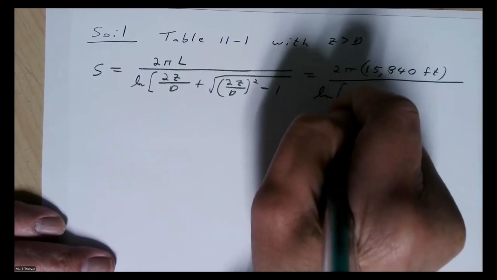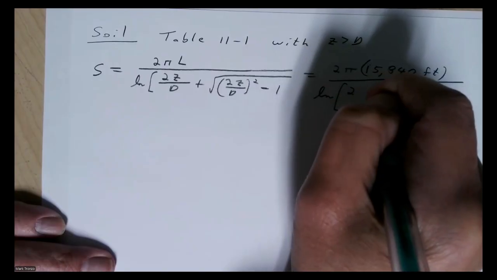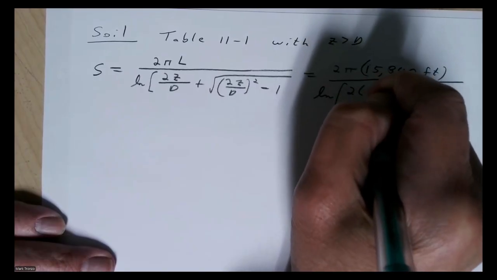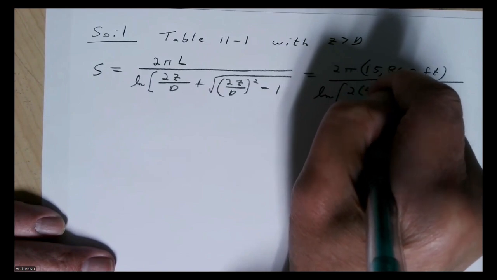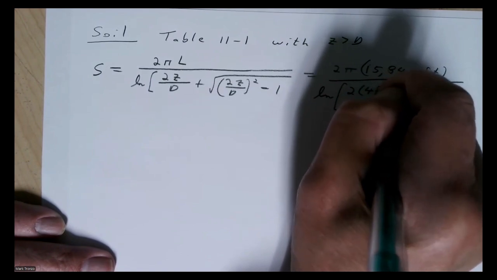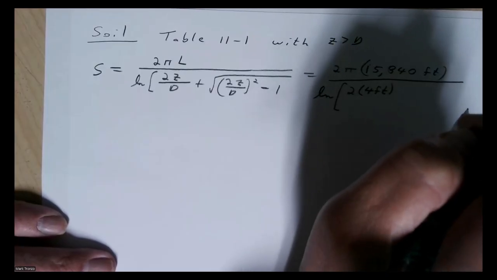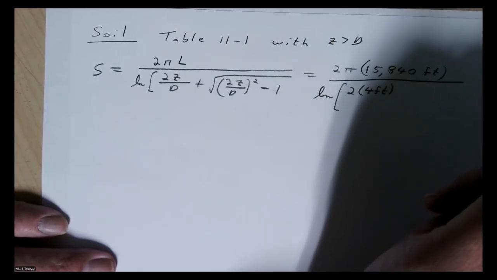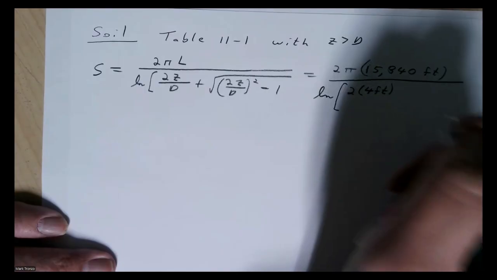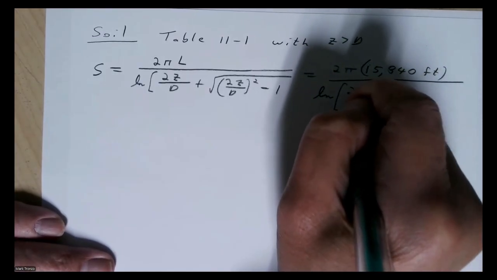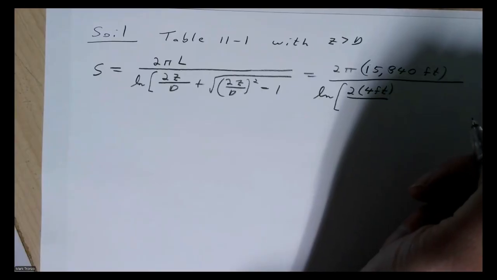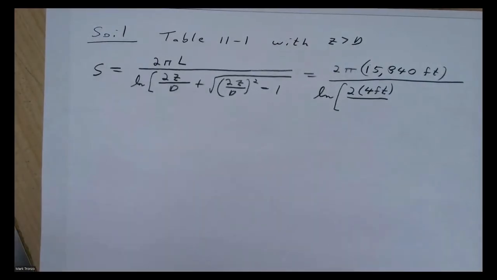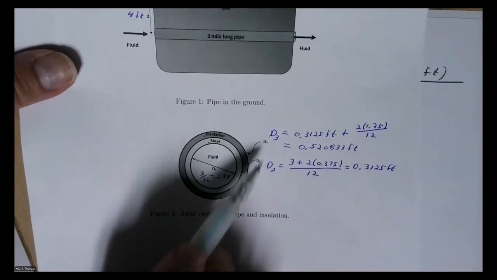Then the log. Once again, remember Z is the distance below the surface, in other words, the distance from the surface of the soil to the center of the pipe. Again, we said that was 4 feet. And D is going to be the outside diameter of everything on the pipe, all the way out to the outer part of the insulation.